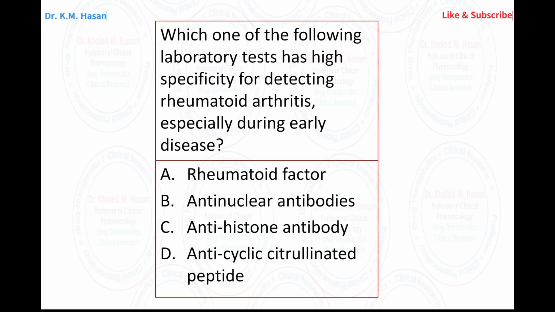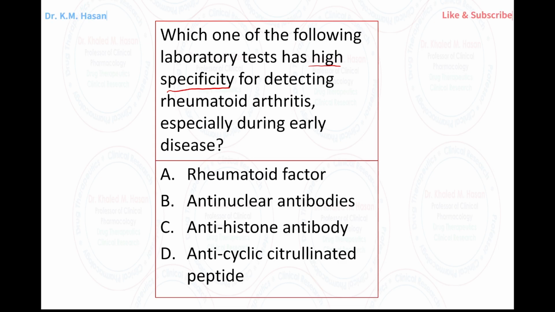Here is another question: which of the following laboratory tests has high specificity in detecting rheumatoid arthritis, especially during early disease? Rheumatoid factor, anti-nuclear antibody, anti-histone antibody, or anti-cyclic citrullinated peptide.